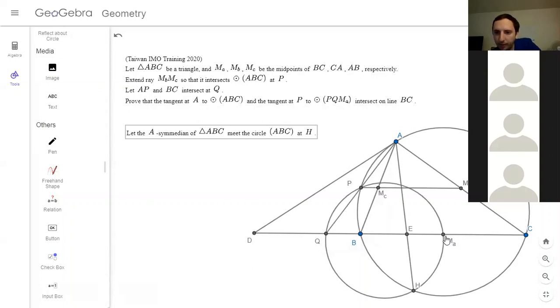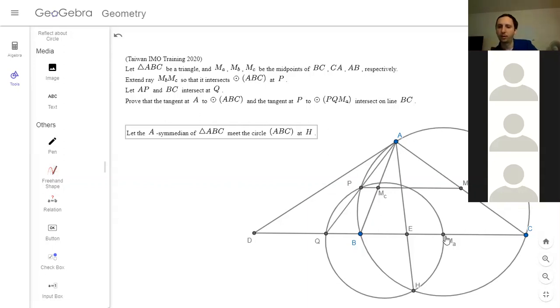It's 180 minus A. Just trying to think. 180 minus A minus C. AQMA. I'm just trying to understand this.